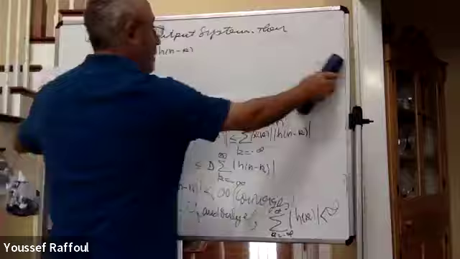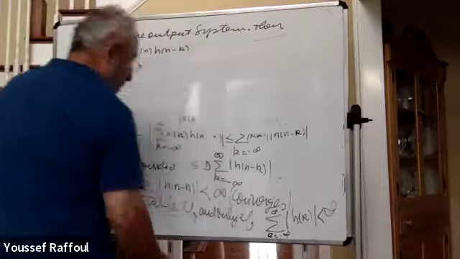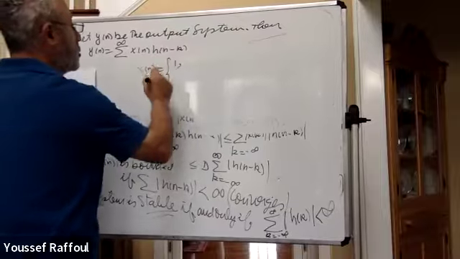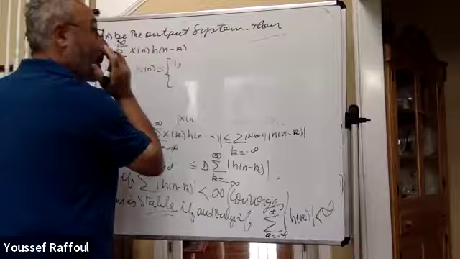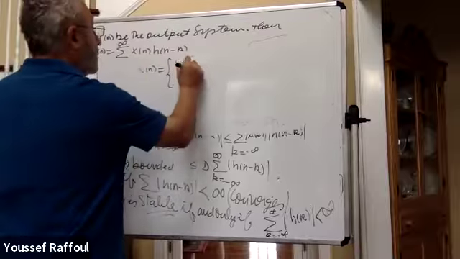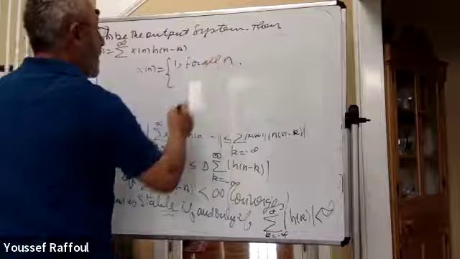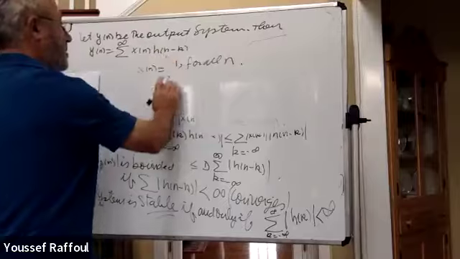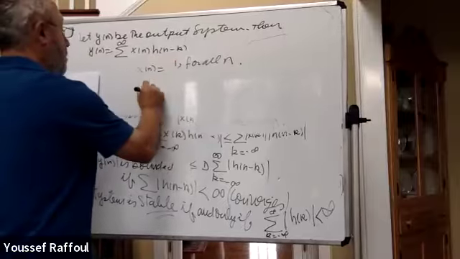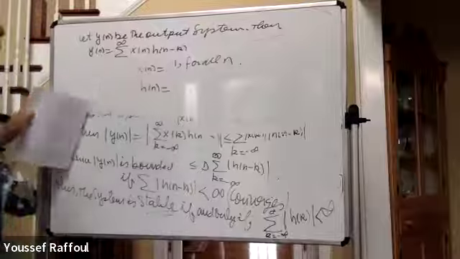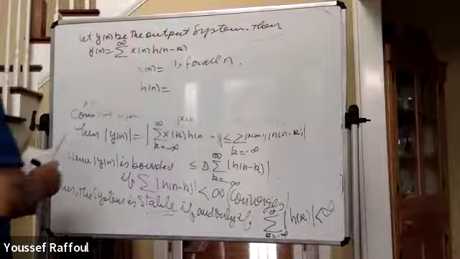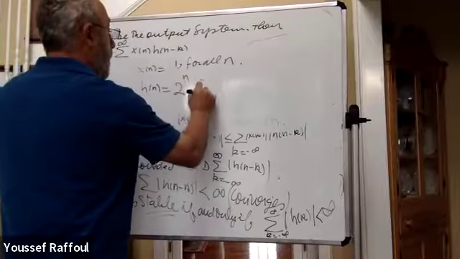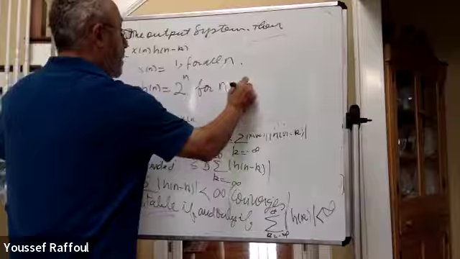For example, if we have x_n equal to 1 for all n, and h_n equal to 2 to the power n for n bigger or equal to 0.